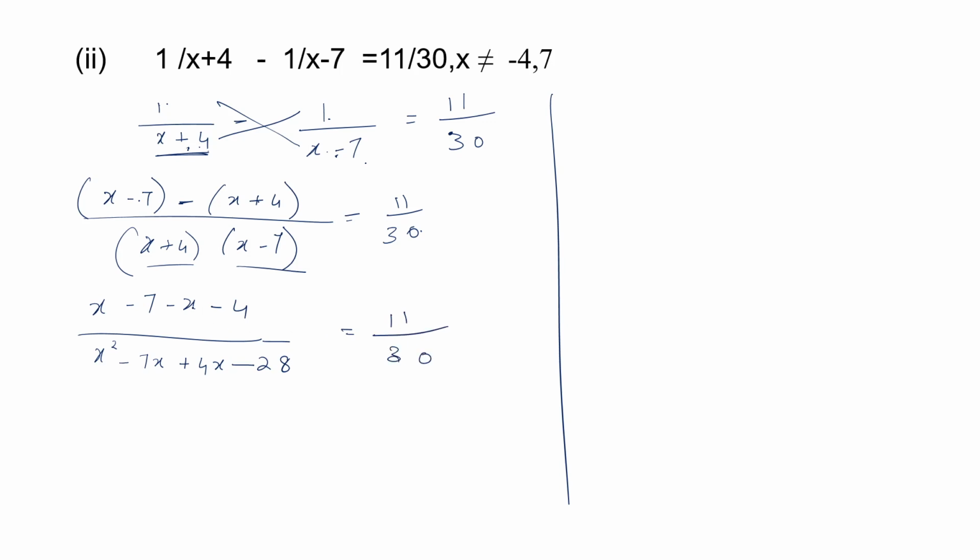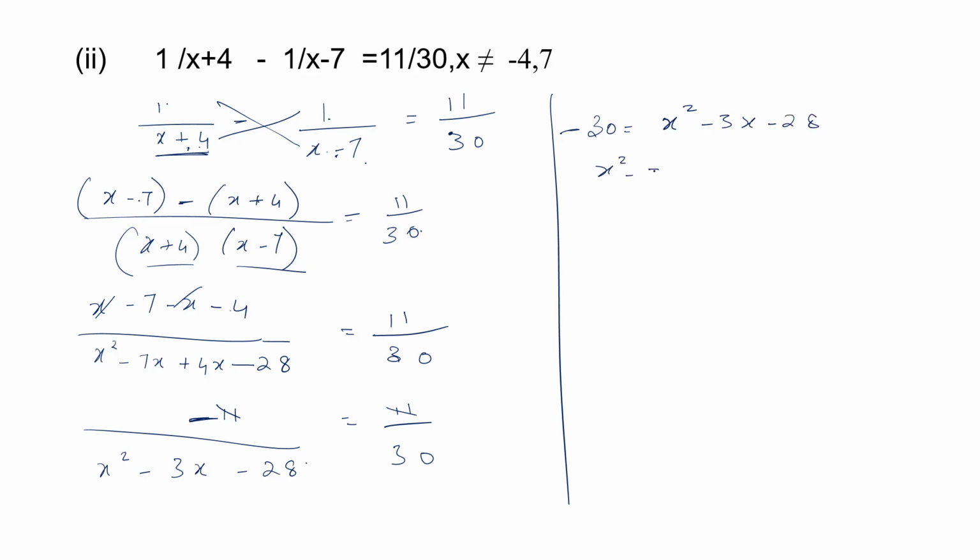Okay, so here x will get cancelled, and minus 11 by 30, 11 will also get cancelled. So I have only minus 1 here. Don't leave this minus 1, only 11 I have cancelled. Okay, x square minus 3x minus 28. These are all your normal expansion only, you can keep doing.